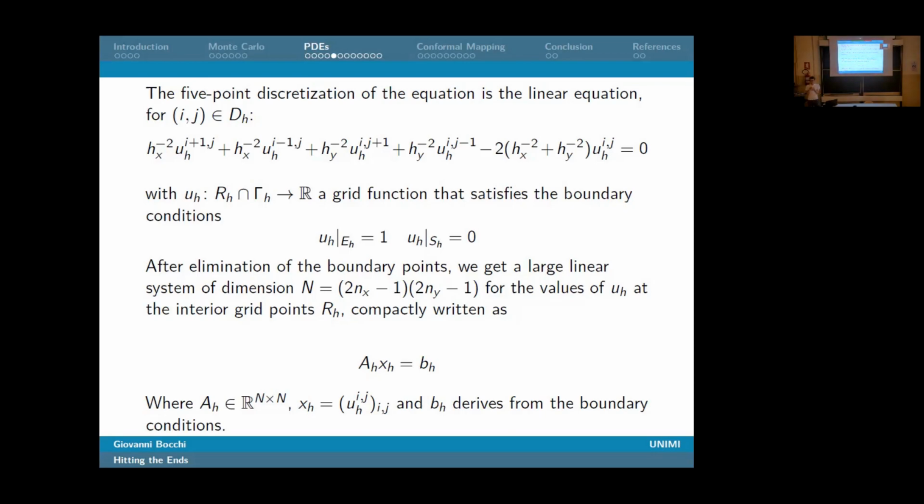One is centered in the point where you are, and then you obtain the one on the left and the right, or top or bottom, considering the direction in which you are. And then by summing them, you just get those. So you have at the end 5 points. 5 points are like this one. 4 points are like.